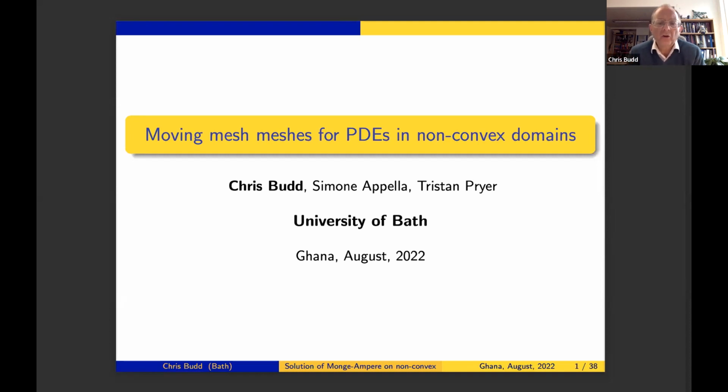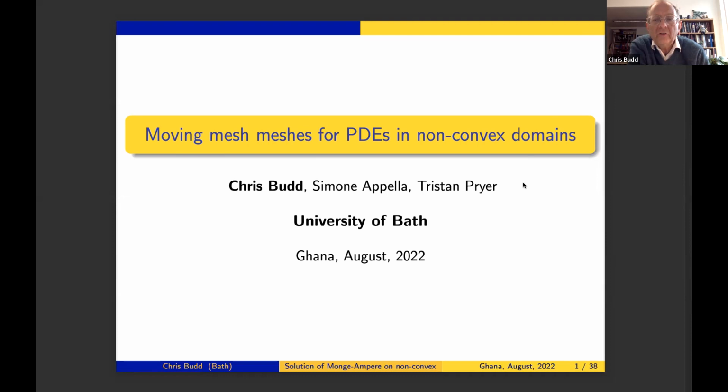This is joint work between myself, Simone Appola, who did most of the work and is a PhD student of mine just finishing, going off like everyone else to be a data scientist, and Tristan Pryor, a colleague of mine also at the University of Bath.